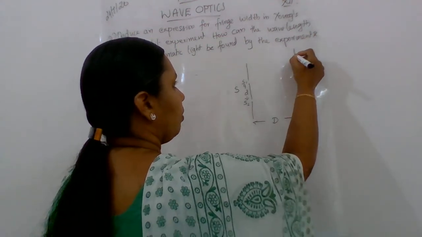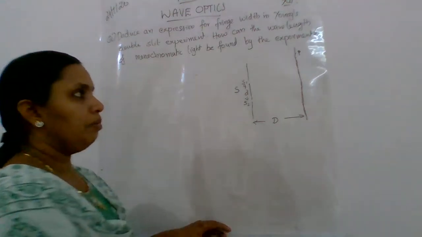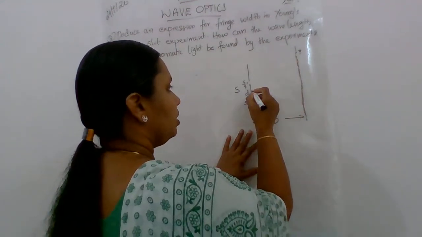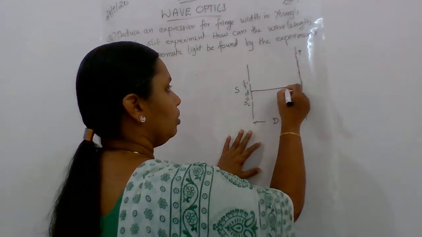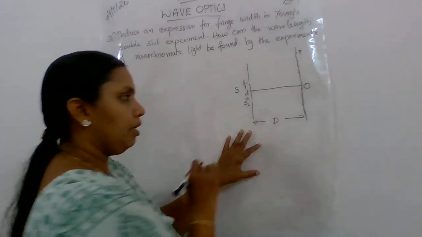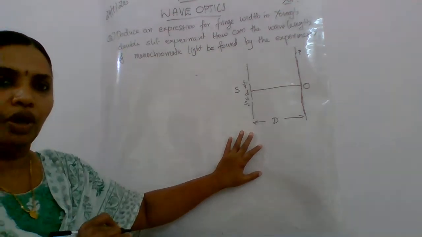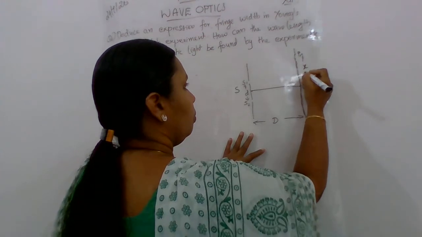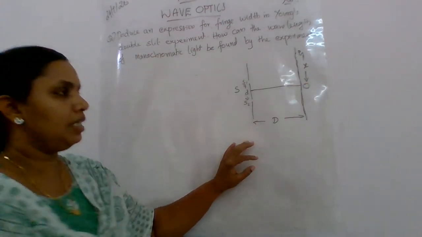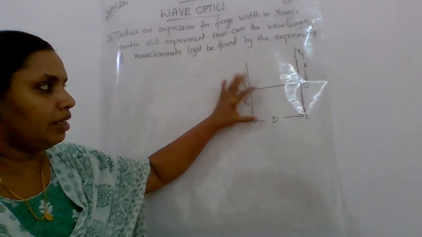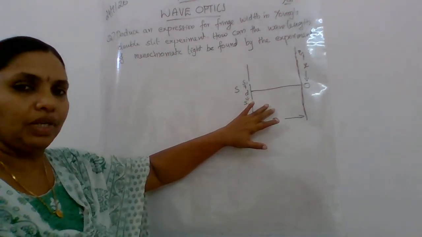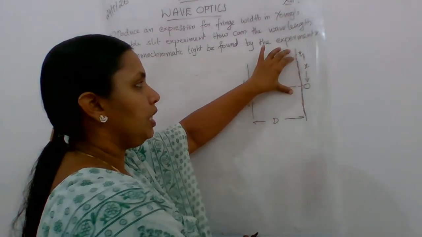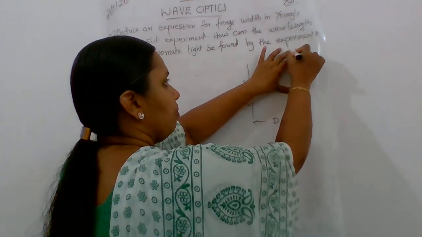I am taking a point P here, and this I am taking as the center, marked as O. From O, this P is at a distance x. From the center O, it is at a distance x. That is the center of these two slits. This point P is at a distance x from O.